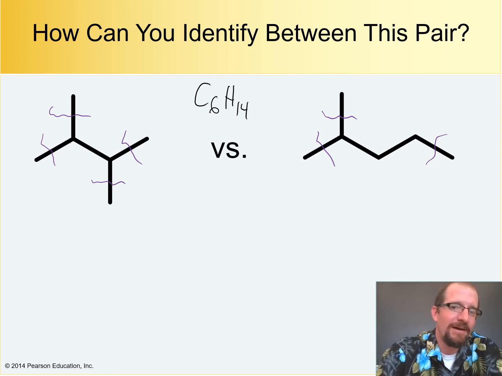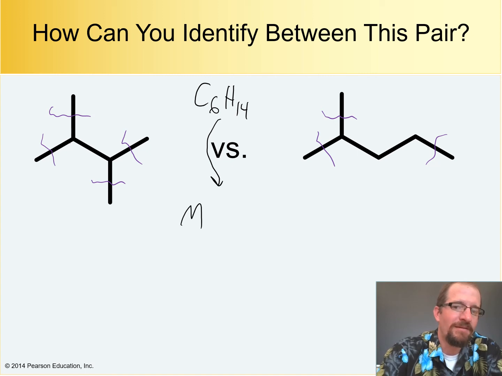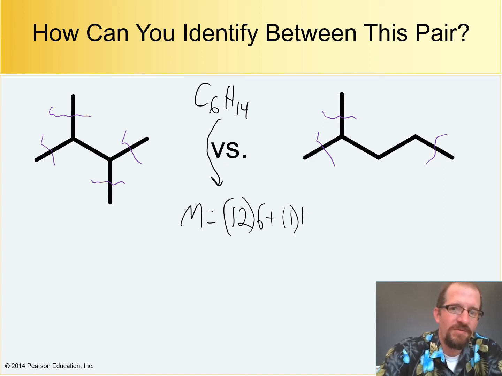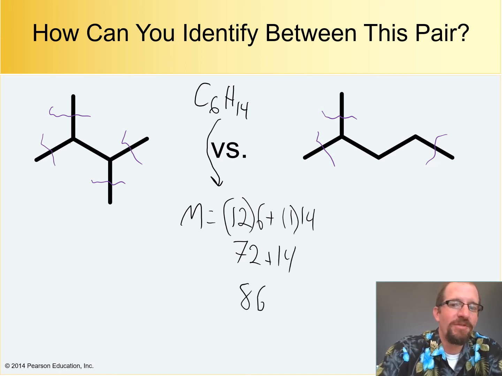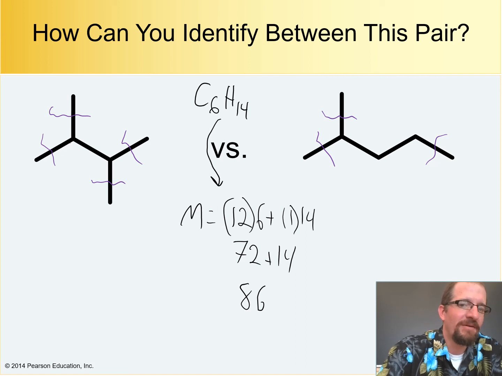So to figure out what the mass is, let's first look at the parent peak. So the mass is going to be, carbon weighs 12, 12 times 6 plus 1 times 14, because there's 14 hydrogens. So this is 72 plus 14, so this gives us 86. Right, so both of these will have masses of 86.